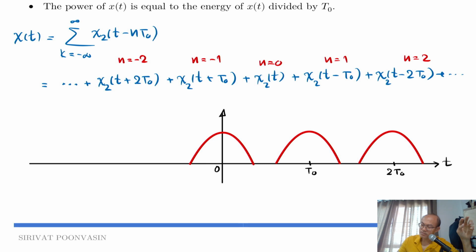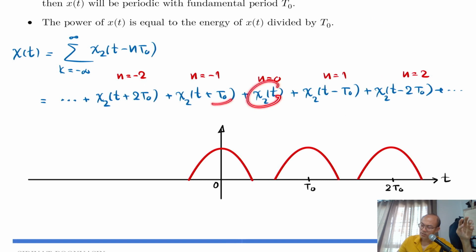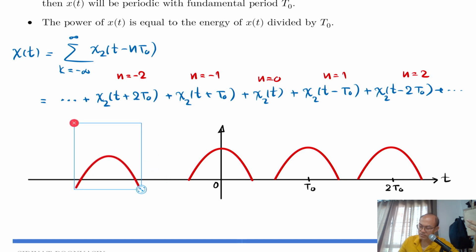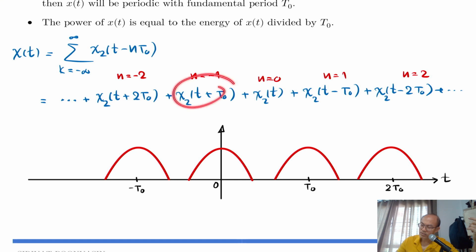Now what about this? Here we shift x2 t0 to the left. So we got this. Shifted to the left, right? And so 0 would become minus t0. This one is here.